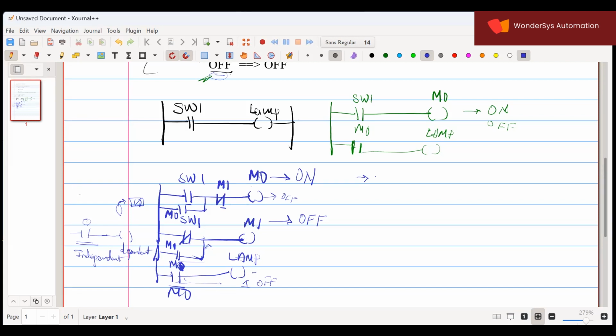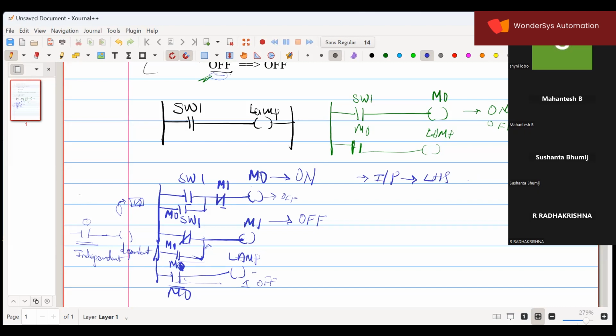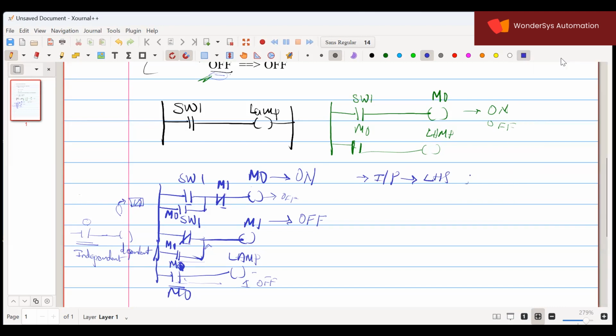Where are you going to connect your switches and lamps, inputs and outputs? Inputs are connected on the left side and outputs on the right side, ma'am. Inputs are connected on the LHS and outputs are connected on the RHS.